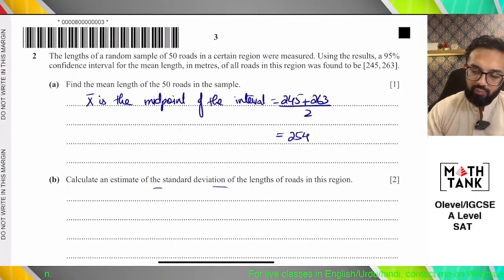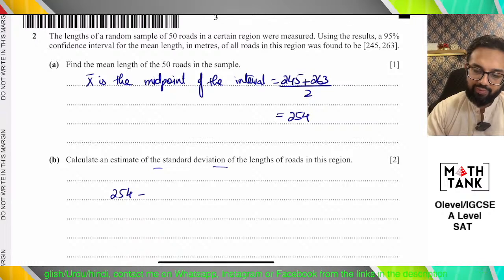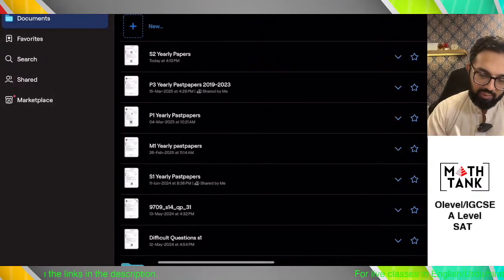Estimate the standard deviation of the lengths. So I can use one of the boundaries. I'll use the lower boundary, so x bar minus z value. The z value is going to be 97.5 from the table. I don't have the table in front of me, let me just open that up.